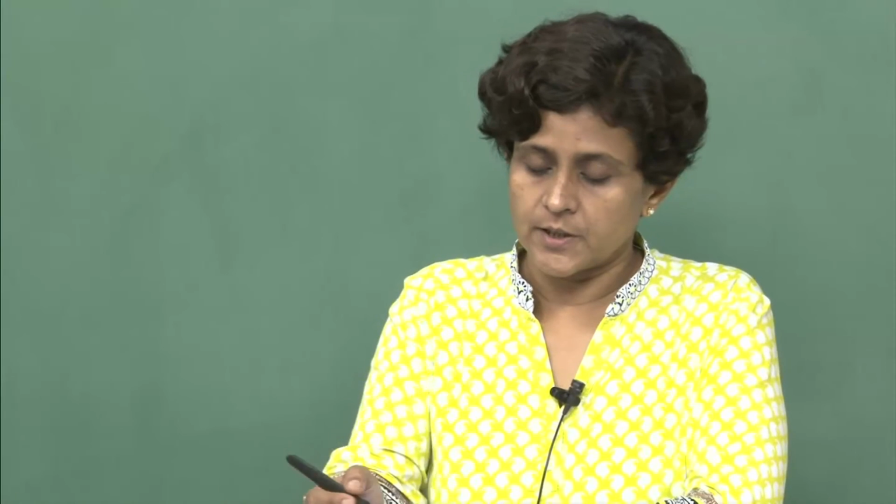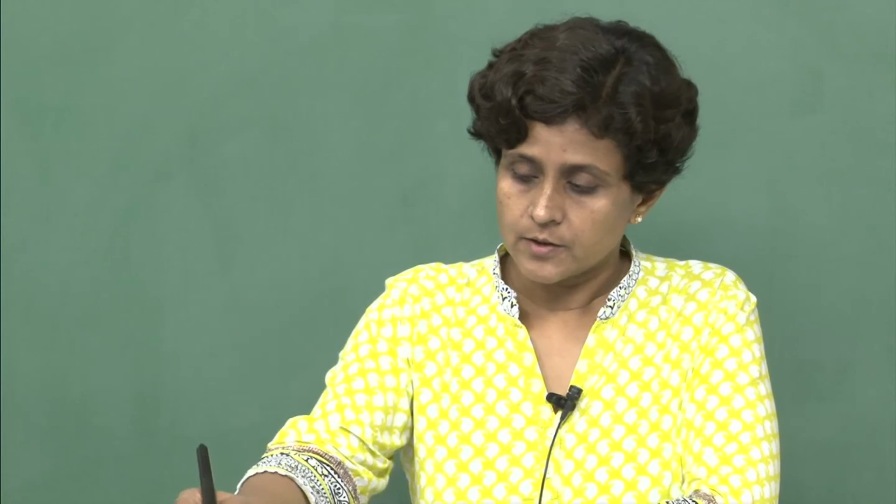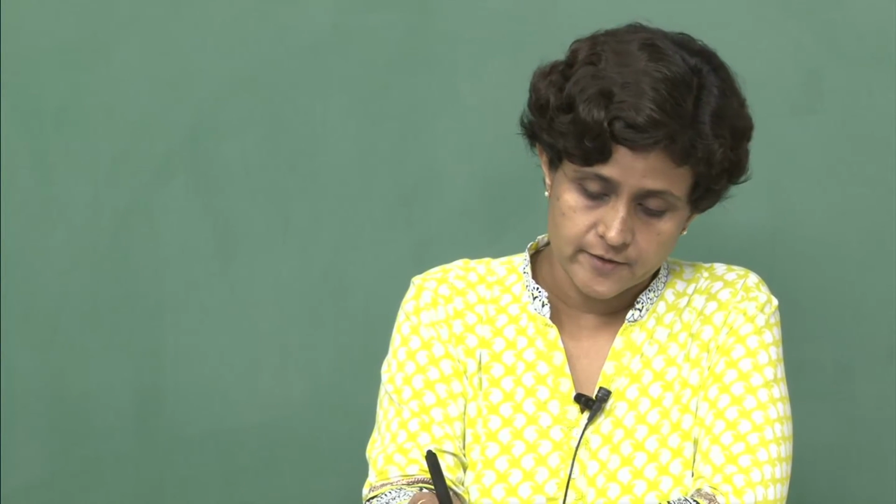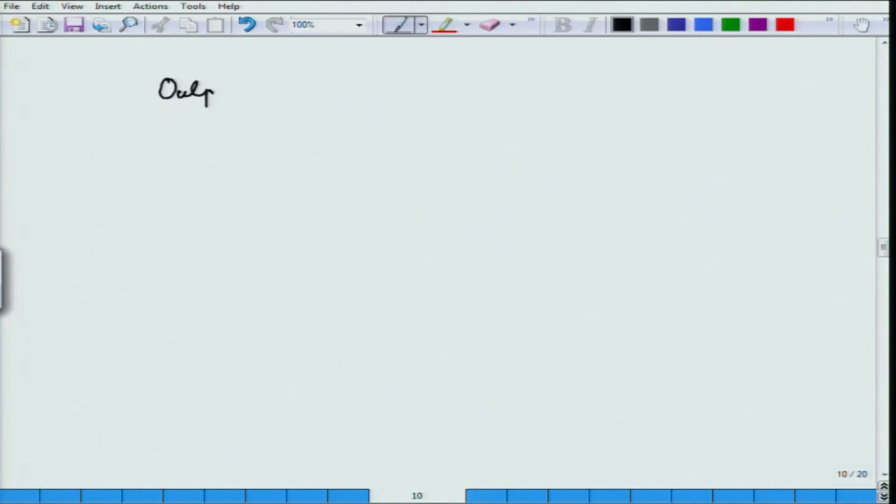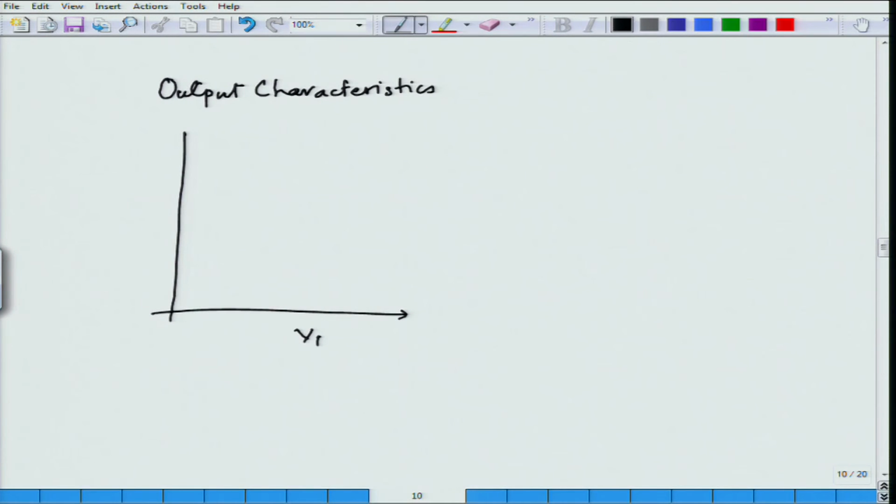So, in this particular semiconductor, when I plot the output characteristics, the drain current is plotted with respect to the applied drain voltage at different gate voltages. I am measuring the drain current.